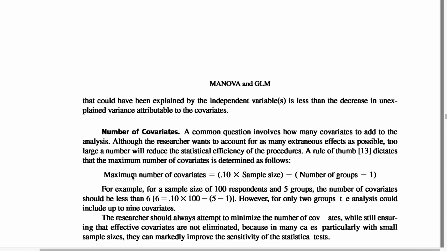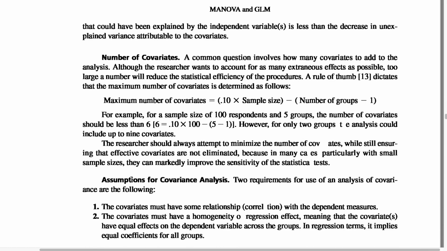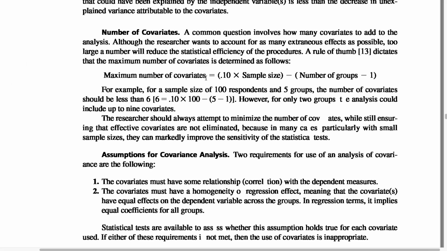A rule of thumb dictates that the maximum number of covariates is determined as follows: maximum number of covariates = 0.10 × sample size − (number of groups − 1). For example, with a sample size of 100 respondents and 5 groups, the number of covariates should be less than 6, that is, 0.10 × 100 − 5 − 1 = 4... however, with only two groups analyzed, it could be up to 9 covariates.